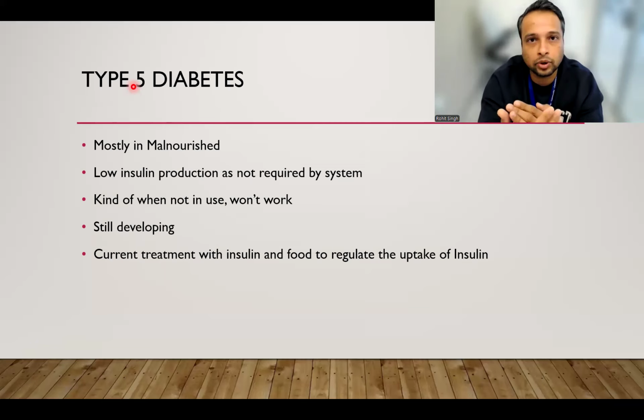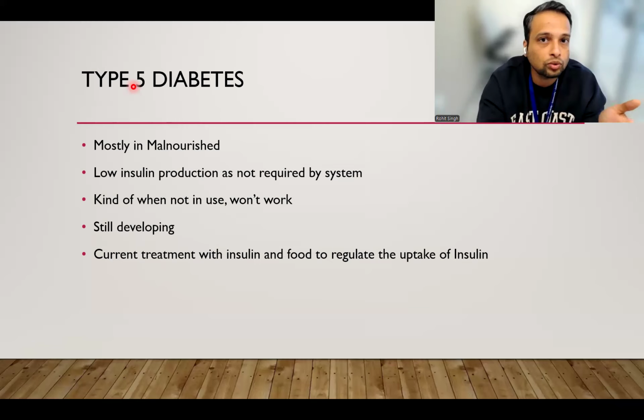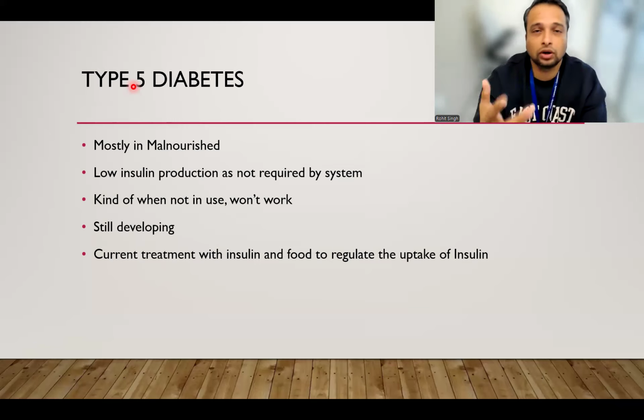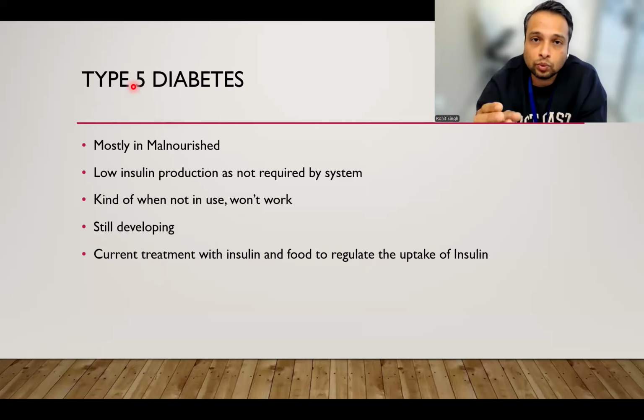There is no fat deposit left, no glycogen left. So there is no need for insulin to come in, and as a result your insulin is already lowered. The glands are not secreting insulin because it's not required. So it's not releasing any insulin.